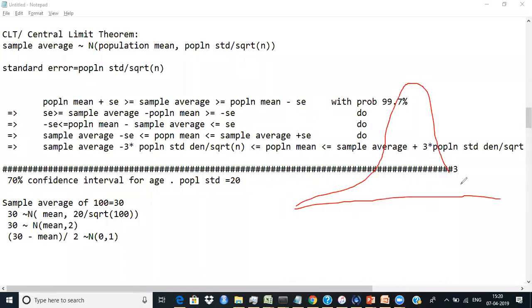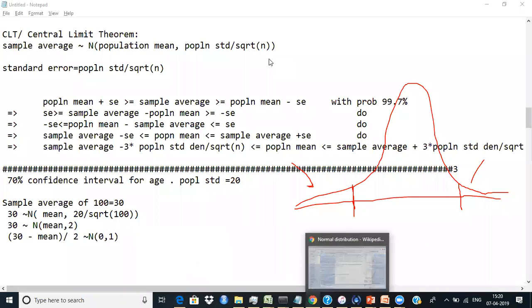This is the bell curve. I'm looking for an interval such that within this interval, there is 70% probability. So how much probability will be outside? 30%. So on this side there will be 15%, on this side there will be 15%. Now what I will do is get a point such that to the left of that point there is 15% probability. Make sense?